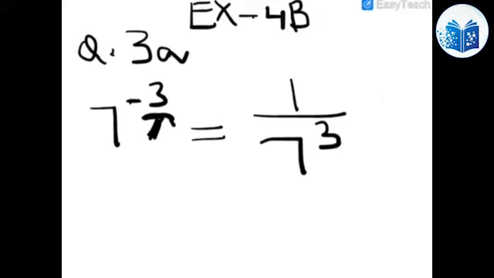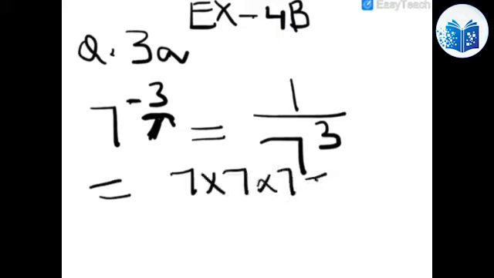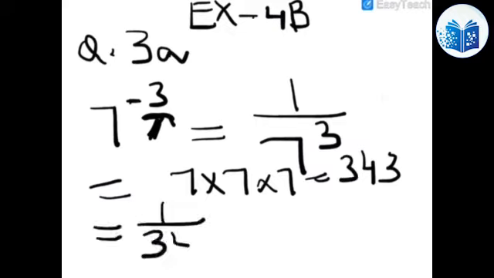So it will become 1 over 7 cube. And you know that 7 into 7 into 7 is equal to 343. Okay, so the answer will be 1 over 343. This is the answer.